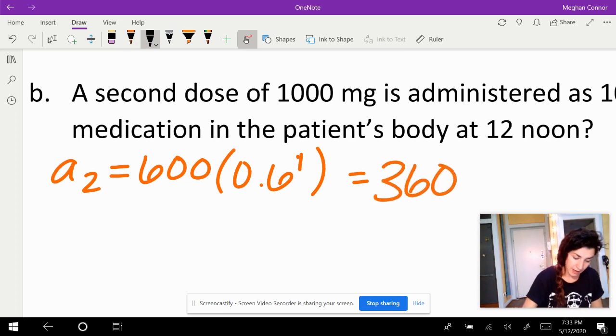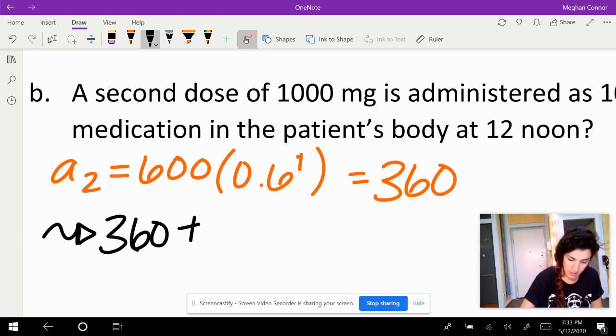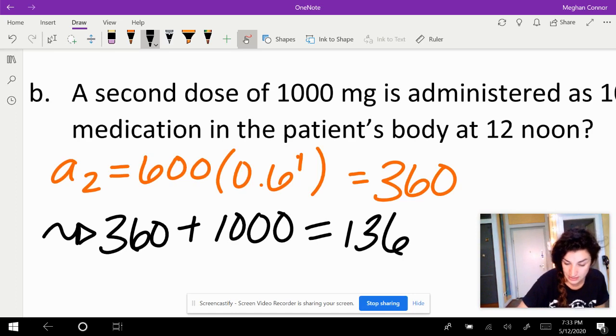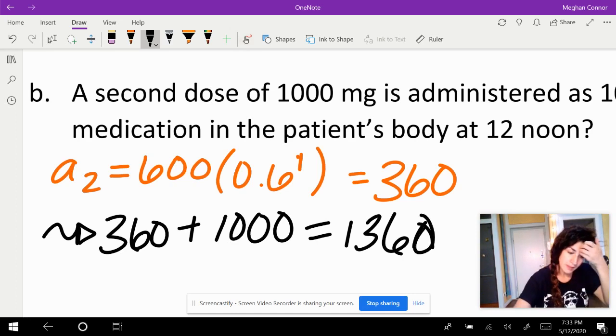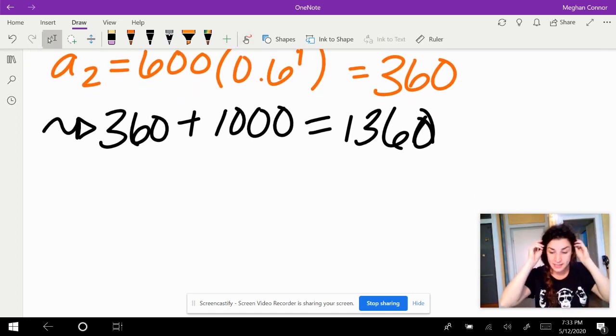Then if I add 1,000, I get 1,360 at 10 a.m. An hour later would be your A sub 1.